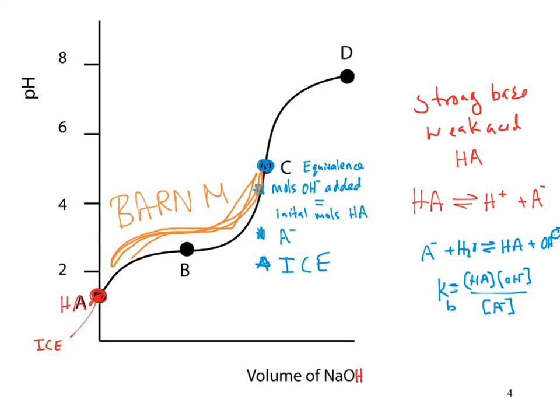If I now add strong base, that strong base reacts with HA, and it now shifts me somewhere along that curve. Where on that curve then determines what I should be solving for, be it an ice chart or if we push further up along that curve. So we would have to go through and do a limiting reagent calculation to determine where on the curve we were. Once we've got that established, we can then go through and solve an ice chart.